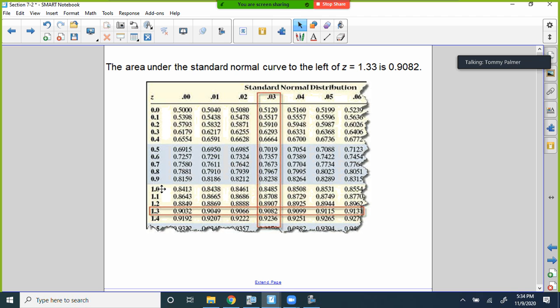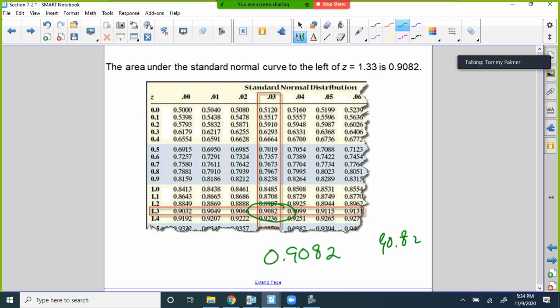So it's always 0, 1, 2, 3, 4, 5, 6, 7, 8, 9. So that's 1.30, 1.31, 1.32, and you look and see right there, 0.9082. So if you think about it, that is 90.82%.